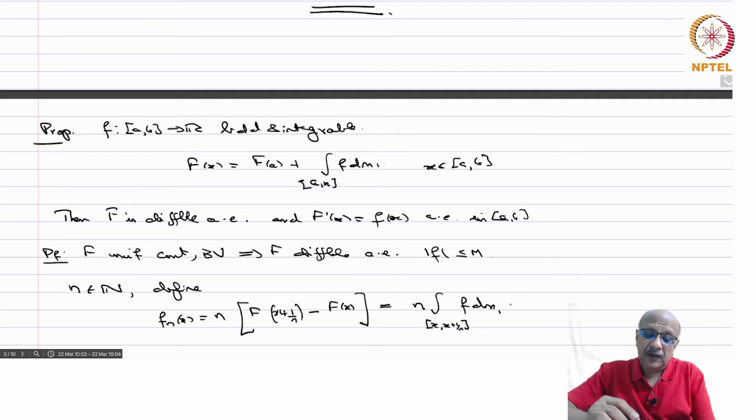F of x plus 1 by n is F of a plus the integral from a to x plus 1 by n of f dm1, and F of x, so you just subtract, by definition of F.